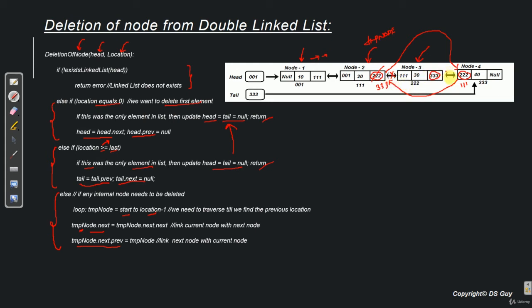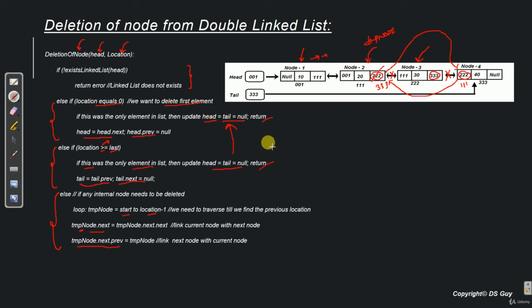So automatically this connection over here gets disconnected. So node 3 is now not being pointed by either node 2 or node 4. So automatically this becomes eligible for garbage collection and gets deleted. So this is how we delete any node apart from first and last node.